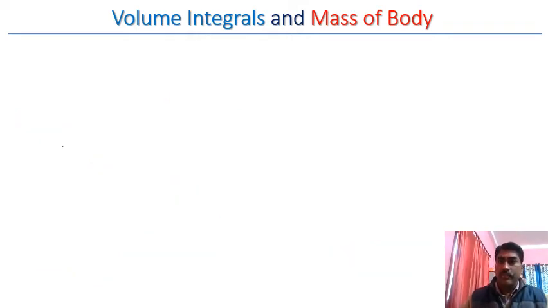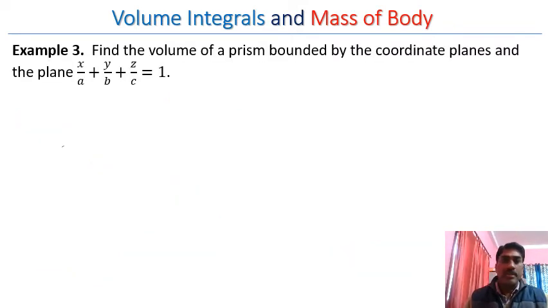Take another example. So let us take this one. Find the volume of a prism bounded by the coordinate planes, and the plane x by a plus y by b plus z by c is equal to 1. So very first you should realize this plane, what this is.